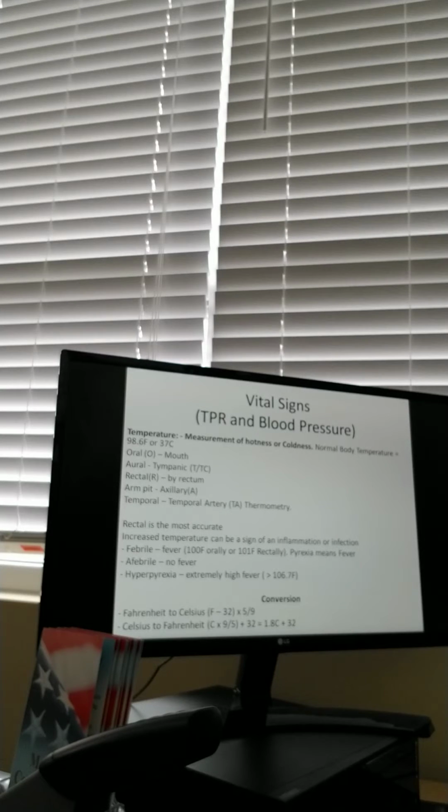If we want to change pounds to kilogram, we should divide by 2.2. Oh, okay. One is multiply, one is divide. Yes.